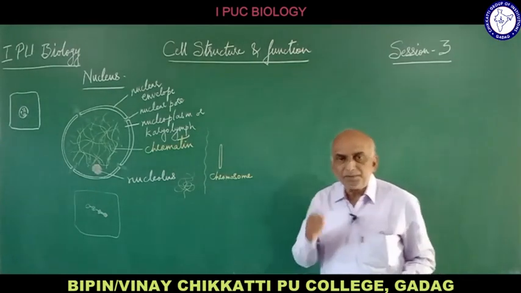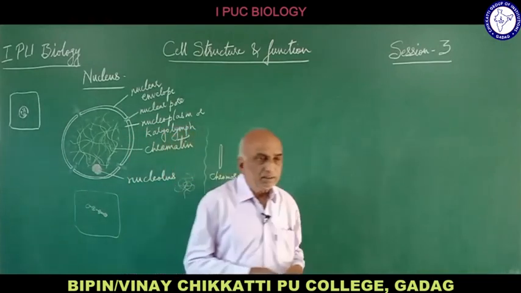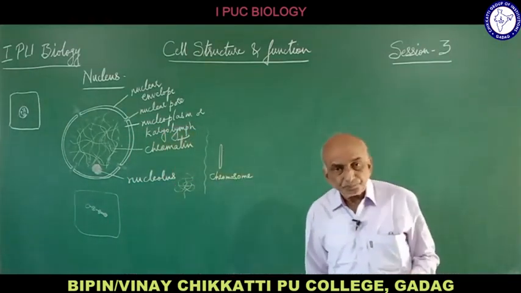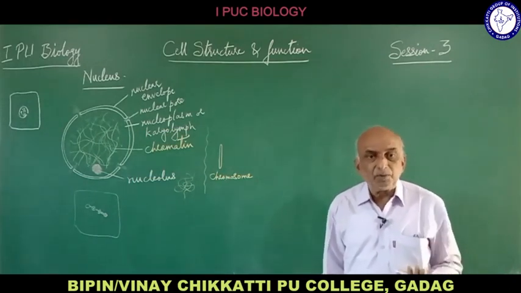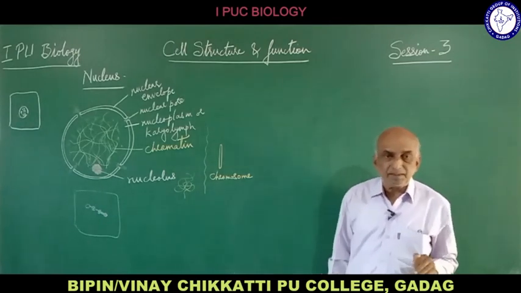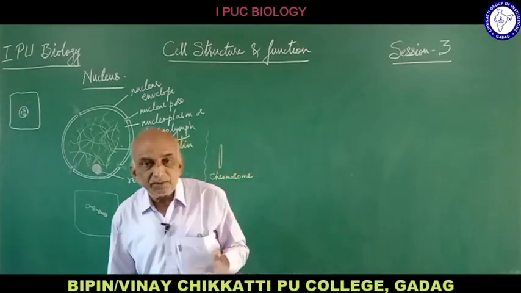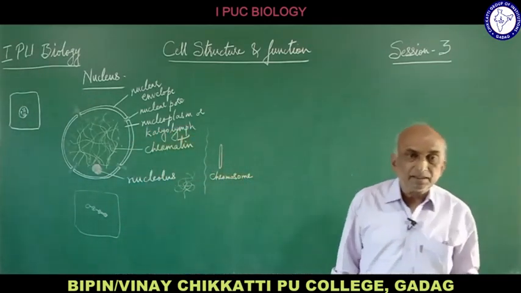Any human being, whether male or female, a newly born child, a middle-aged person, a youth, or even an old person, irrespective of age and sex, has a constant chromosome number.